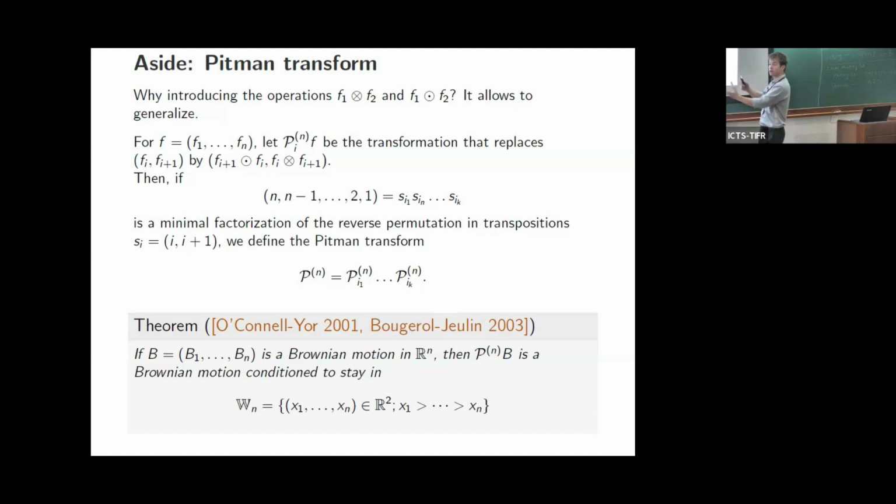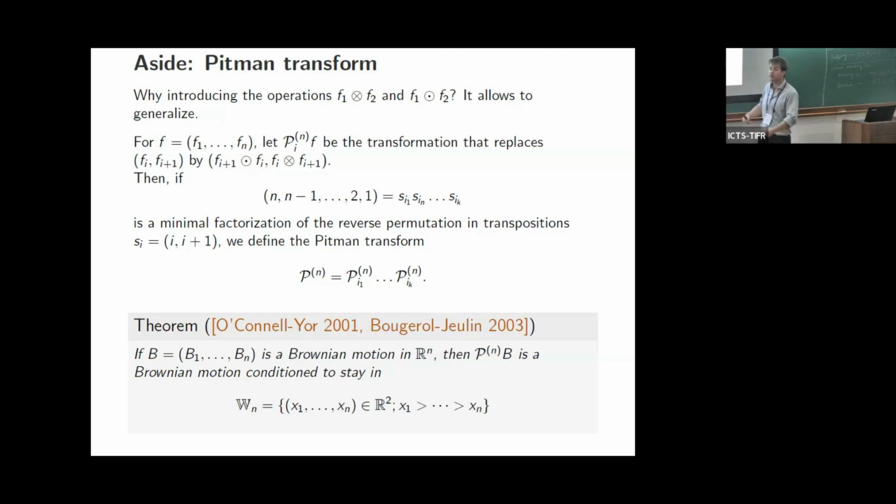So we know how to act on two components, and this is consistent with my definition before. And now, using this elementary thing, I can define a Pitman transform for functions with n components.